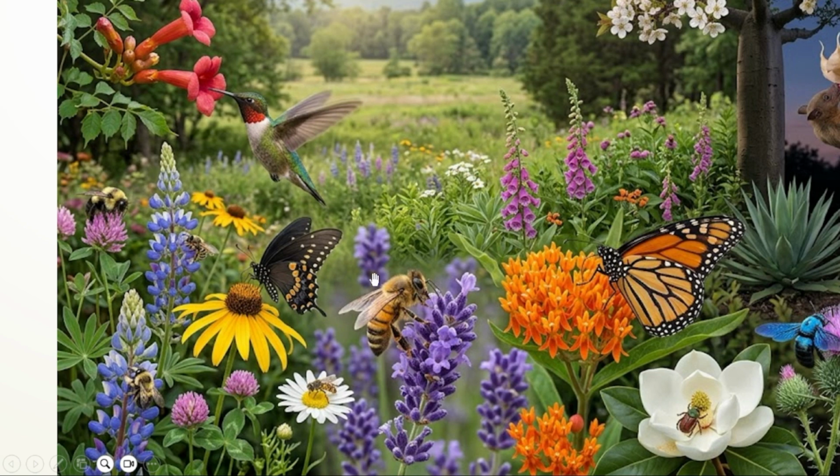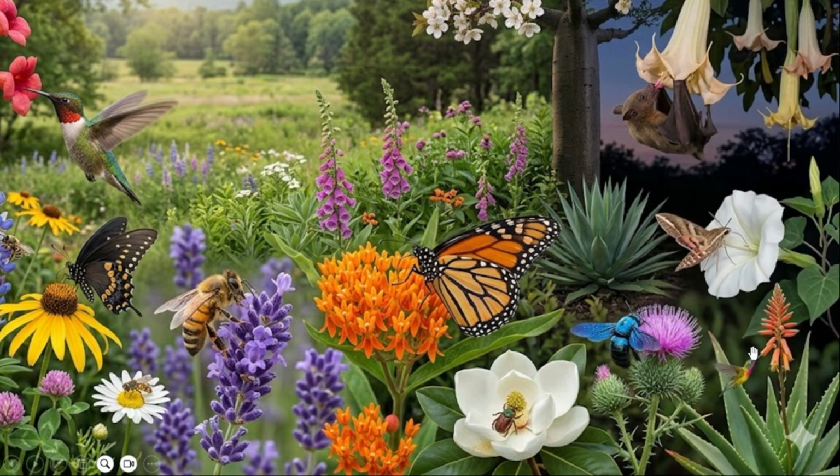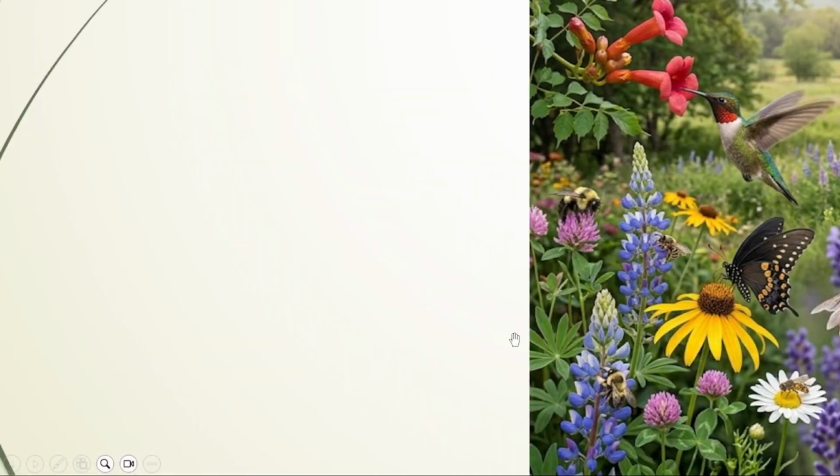See, this is the hummingbird, butterfly, bees, this is also a butterfly, this is the beetle, and this one is the bat.